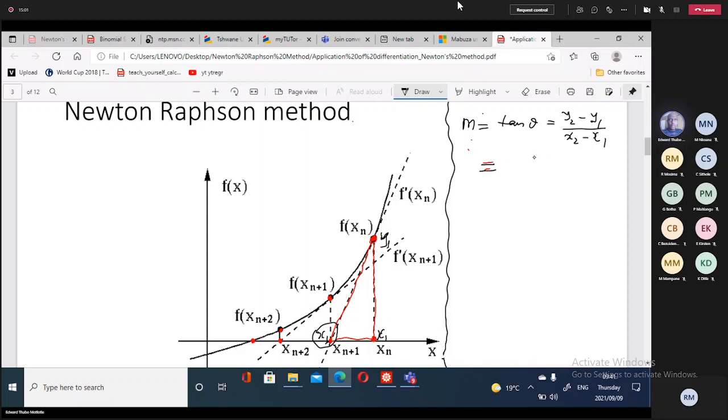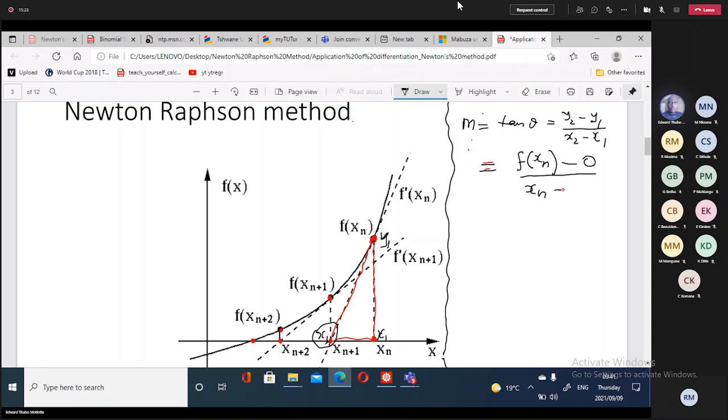So now let's see how I write that. I have my y1 is f xn, and my y2, you can clearly see that this is on the x-axis, so it will be 0, minus 0, all over xn minus x at n plus 1.